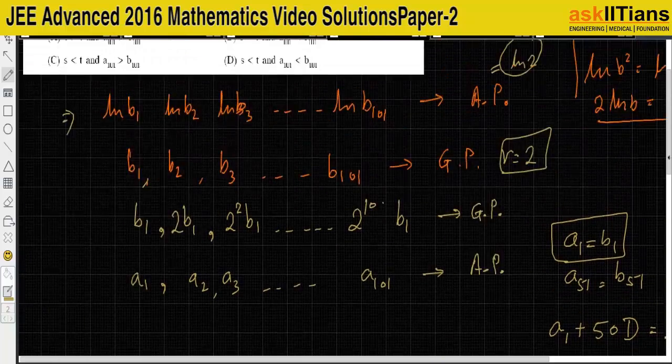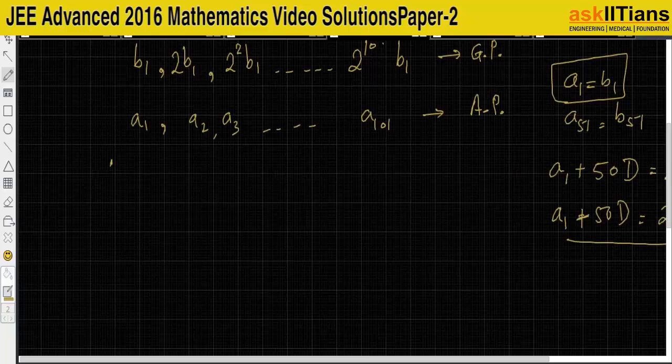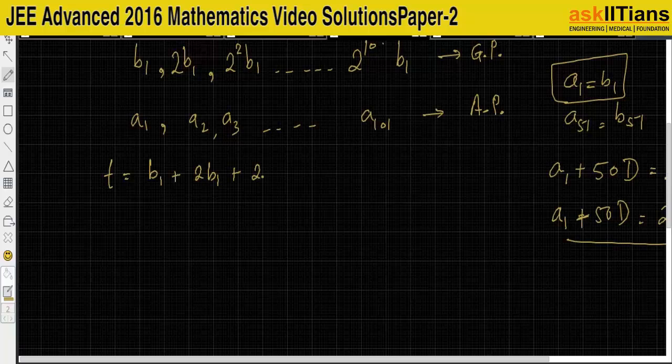Now let's read further. It says that if t is the summation of b1 to b51 and s is the summation of this series from a1 to a51. So what is t? T is b1 to b51. So t is b1 plus b2, which is 2b1, b3, which is 2 square b1, until b51, which will be 2 power 50 b1.